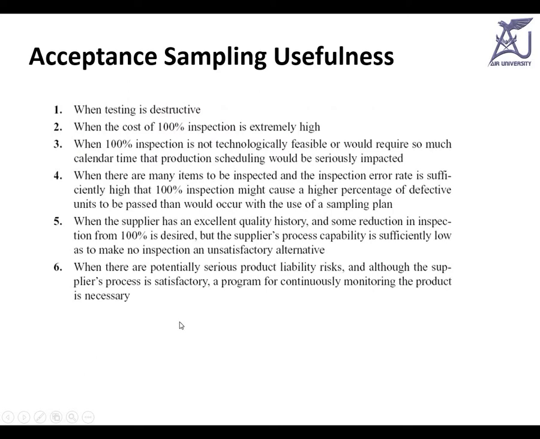Acceptance sampling plan usefulness. When is acceptance sampling useful? First, when the testing is destructive. If the testing is destructive and you test every component, there will be no part left.